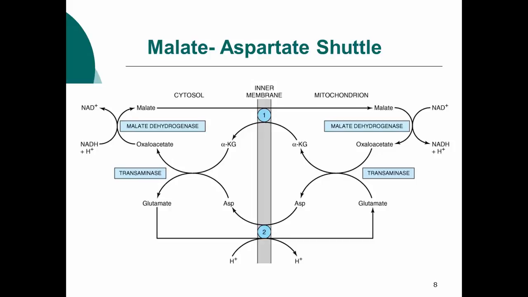And so NADH is a reducing equivalent that directly goes to the electron transport chain for ATP production. So through this shuttle system, the NADH produced in the cytosol is able to produce 3 ATPs, right?